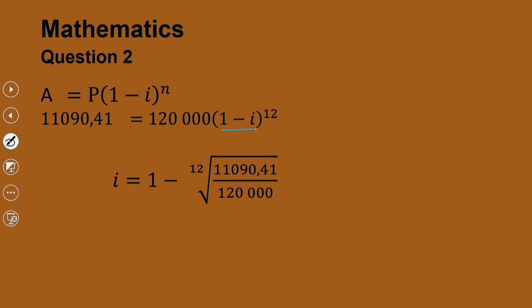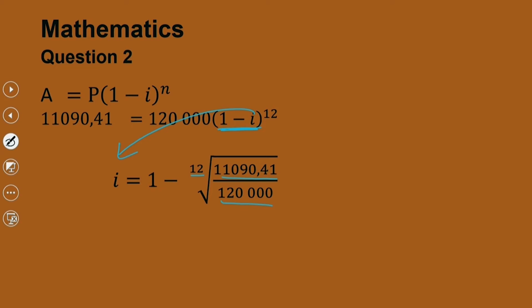1 minus I, can you see? And a 12th root of 11,090.41 and 120,000. That is a 12th root. Remember then we said we are left with 1 minus I. Then we can take I to the left-hand side. We can interchange, right?